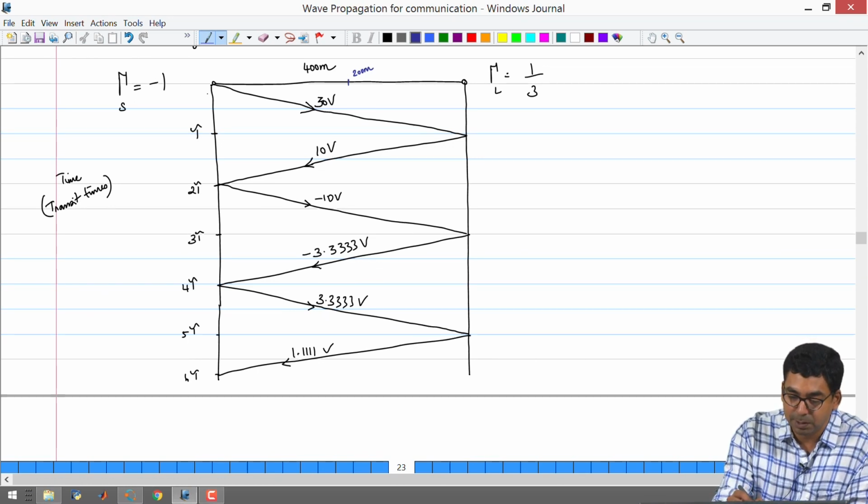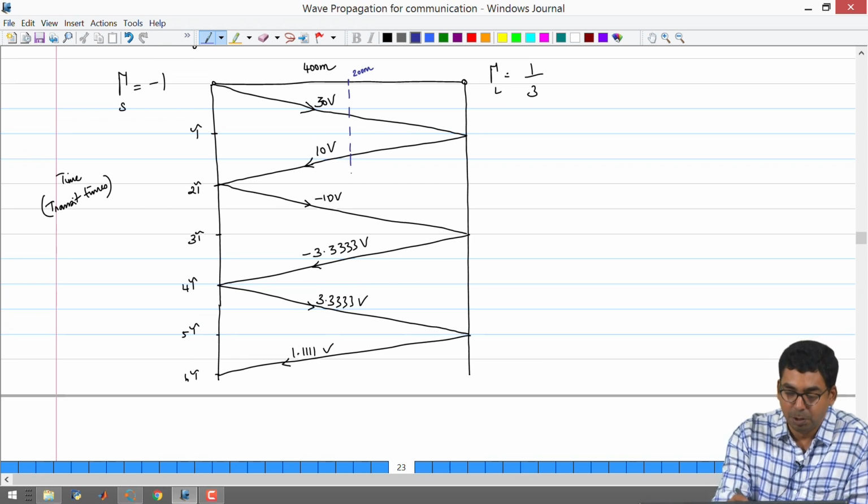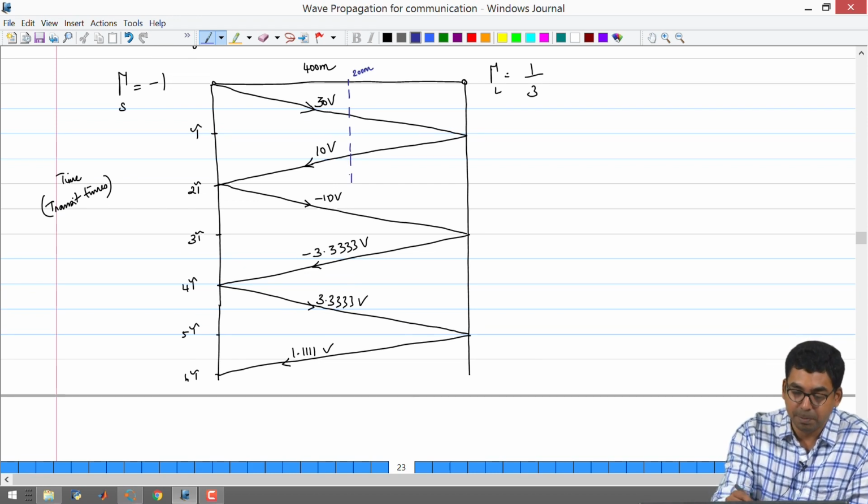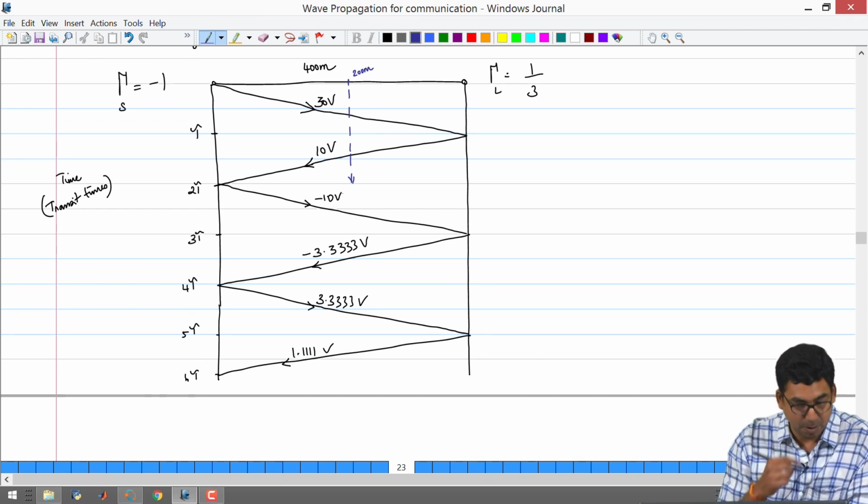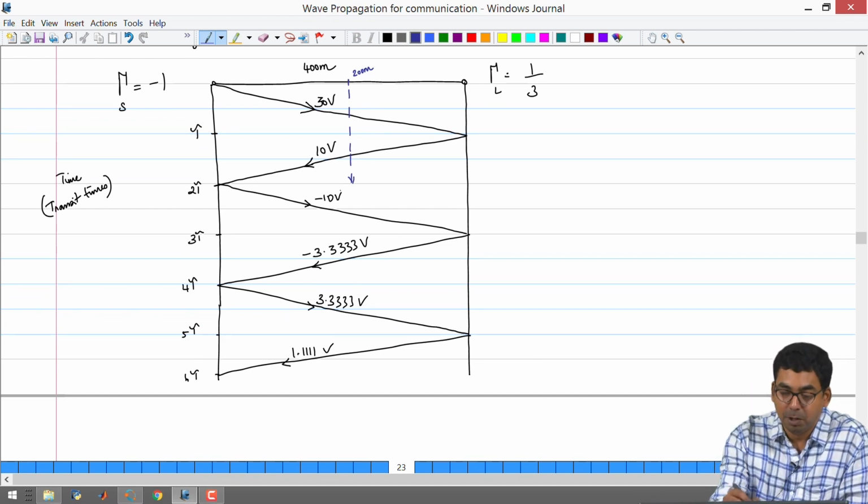So all you need to do is draw a line going from top to bottom like this, and as you go down, you simply add the voltages that you encounter. Okay, so you will be having 30 volts coming from the source side, 10 volts coming back from the load side.